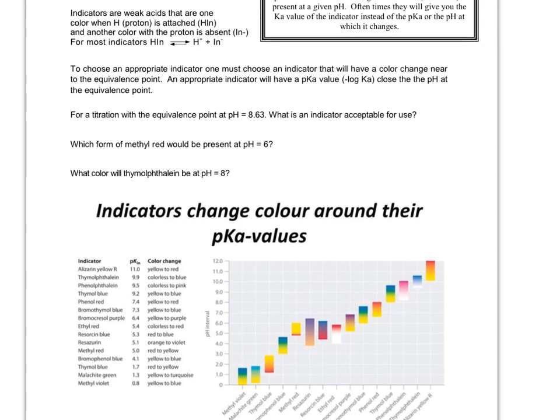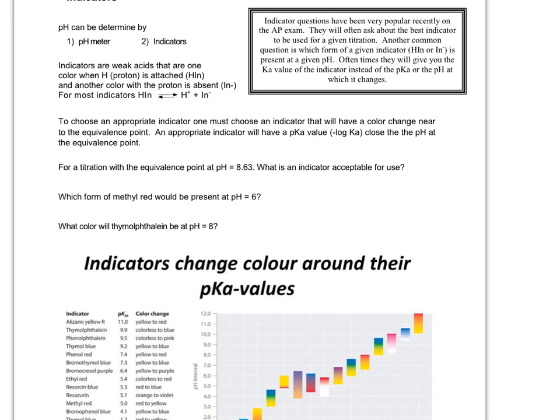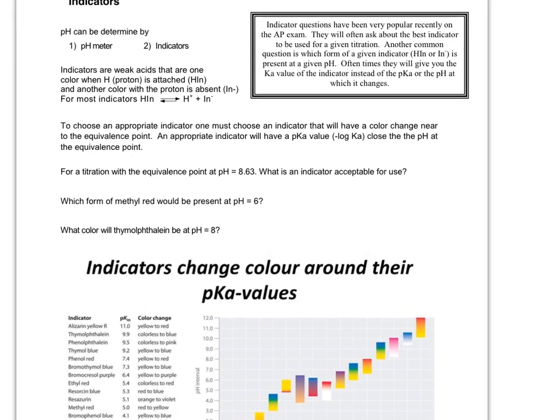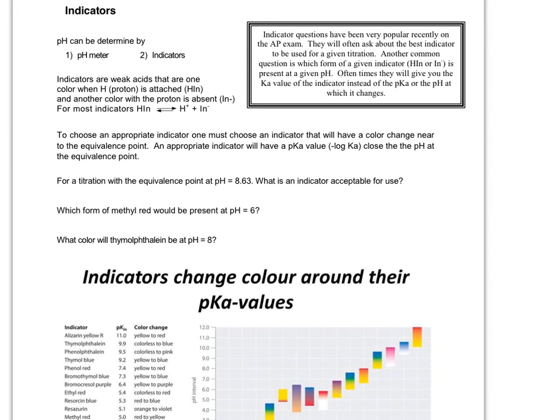So here are some sample questions that you could be asked on the AP exam. One of the questions that are popular, they give you a bunch of indicators, and they give you the Ka value, for example, and they tell you, hey, for this titration, what would be a good indicator?